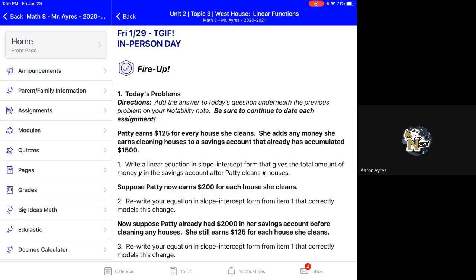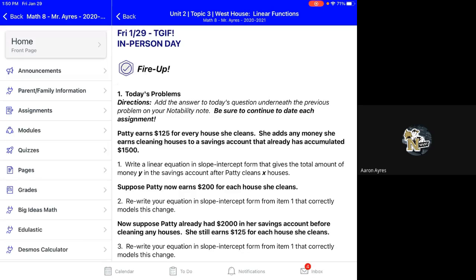All right, Will, I need an equation for number 1 if you have one for me, please. 125x plus 1500. And what's missing for the beginning? Y equals. Bingo. Thank you very much. All those in favor say aye. Very good.